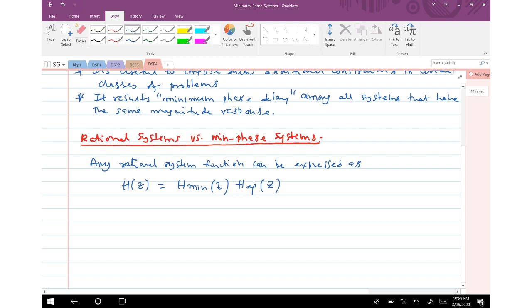So, the multiplication of a minimum phase system and an all pass system. This is a very, very important theorem or property, whatever you call it.